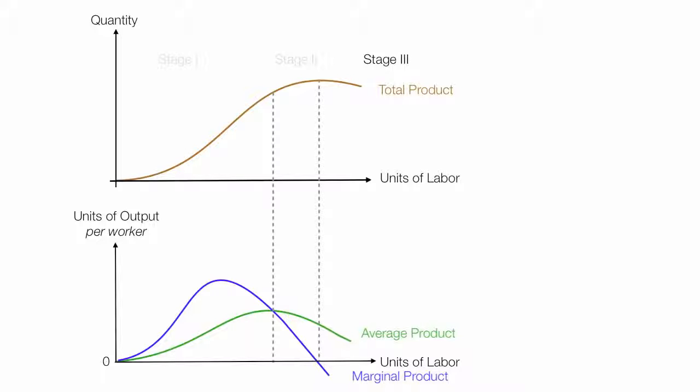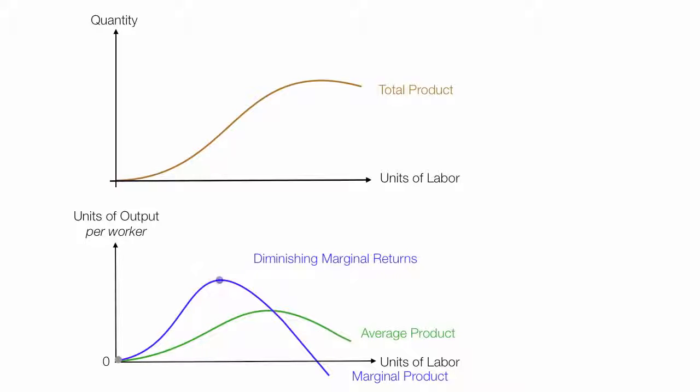Stage 3 is a decreasing total product and a negative marginal product. And with negative marginal product, total product is actually falling. Adding more labor causes total product to fall. One last idea is diminishing marginal returns, and that's from that point forward where marginal product of labor, the slope, is actually negative or decreasing.